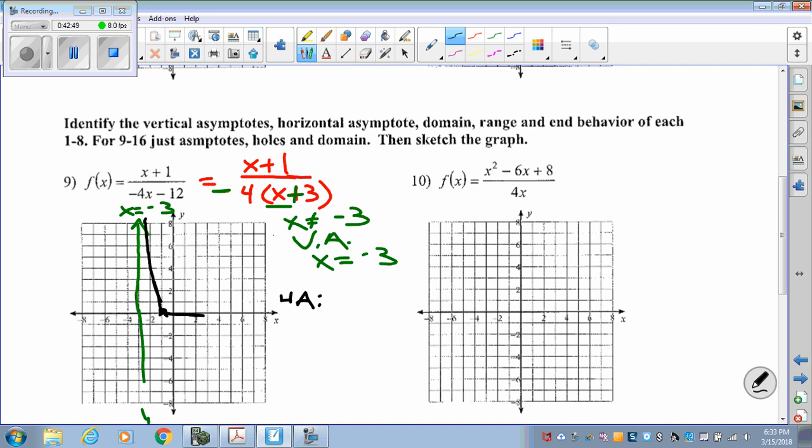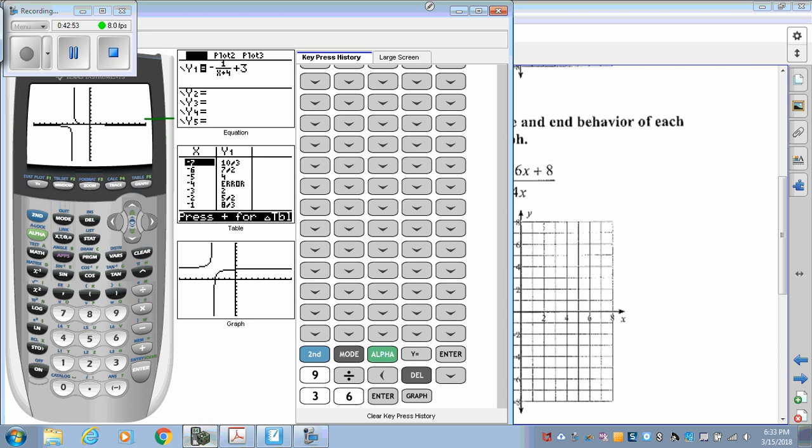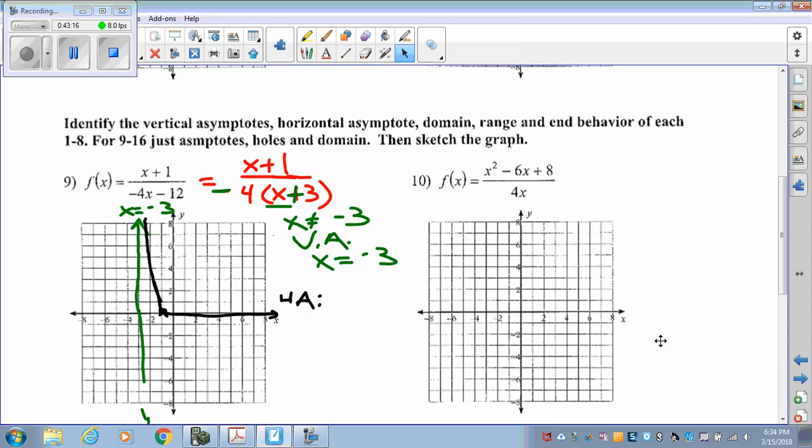So it comes down here, but it seems to level off. So here's my vertical asymptote, -3. It's coming down, approaching 0, but it actually hits 0, and then it comes down here. And it seems to be at -1/4. It's approaching -1/4 for my horizontal asymptote. Y equals -1/4. Okay.